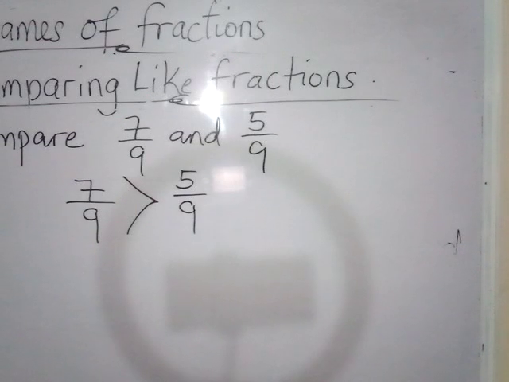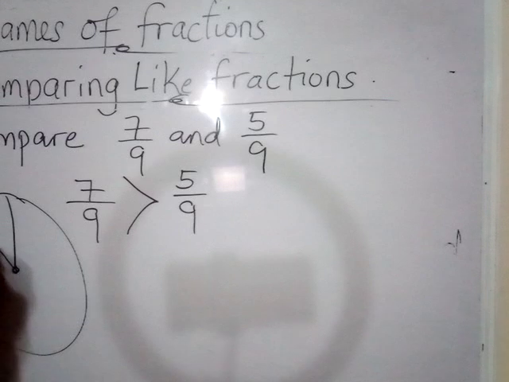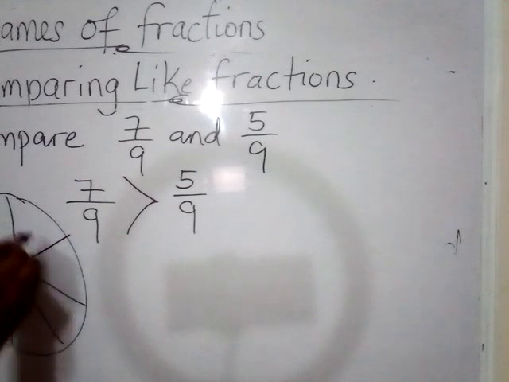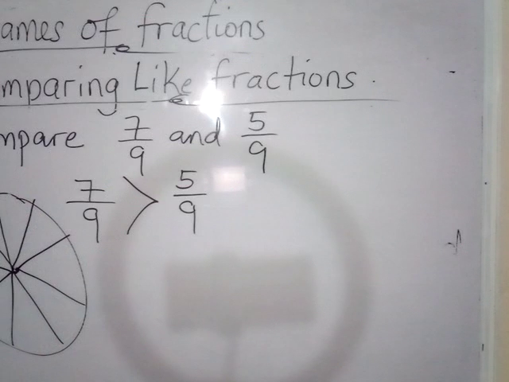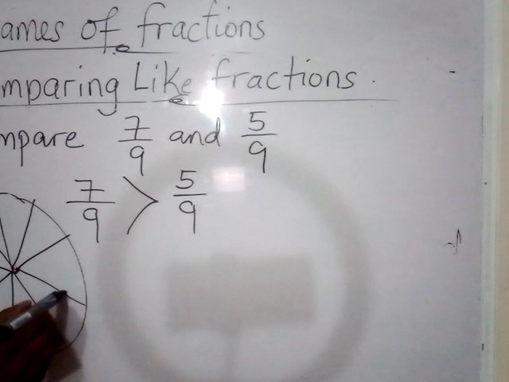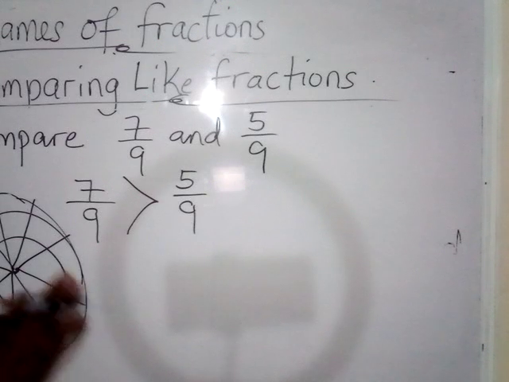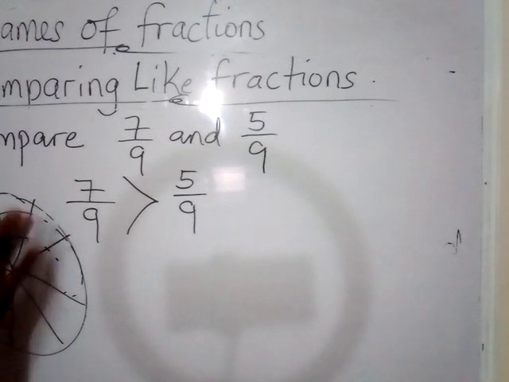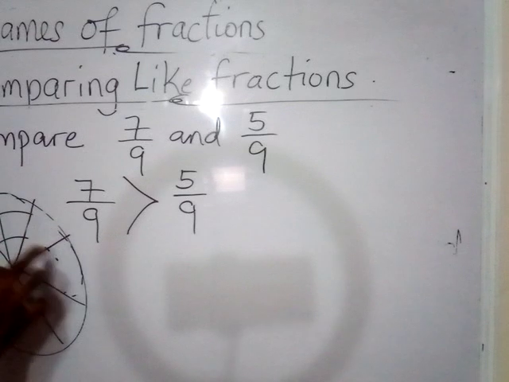And it's actually logical. How? Assuming we have a pizza that is shared into 9 parts, I like to illustrate with pizza. 1, 2, 3, 4, 5, 6, 7, 8. Let's split this further. Alright, so we have 9 parts there. One person comes and is given 7 portions out of 9, and someone else comes and is given only 5 portions out of 9. Let's start with 5, I think it makes more sense.